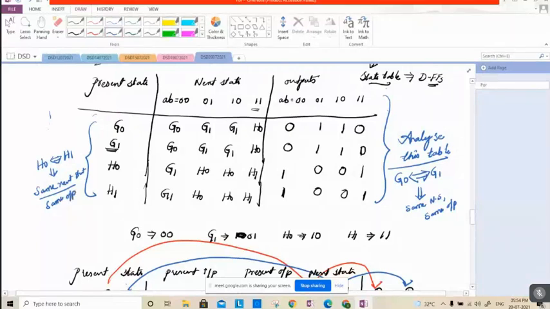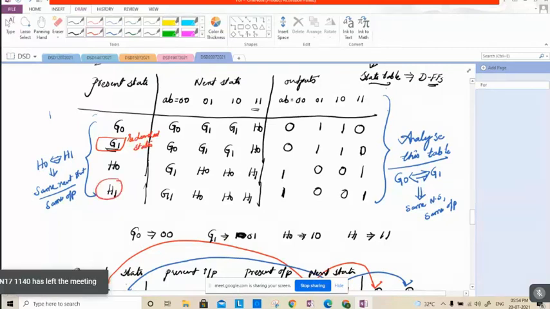And that is the reason these are called as redundant states.